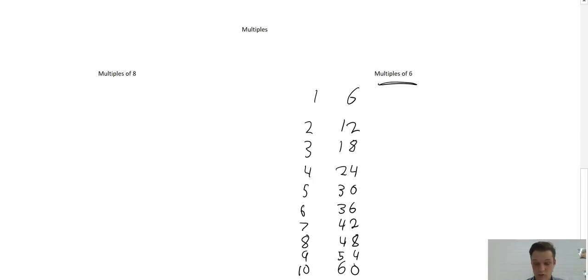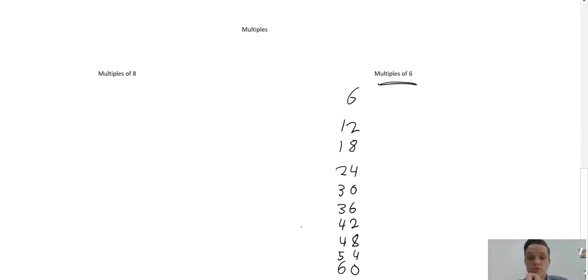All right, so they're all my multiples of 6. I just haven't written it, but I know that these are all 6 times whatever they are. So 6 times 1, 6 times 2, 6 times 3, and so on. So I'm going to rub them out just so it's really obvious that they're all my multiples of 6.